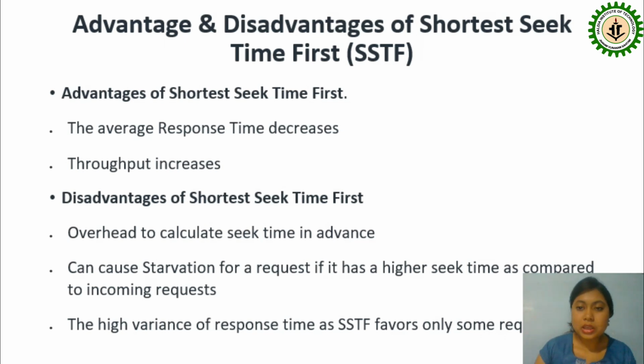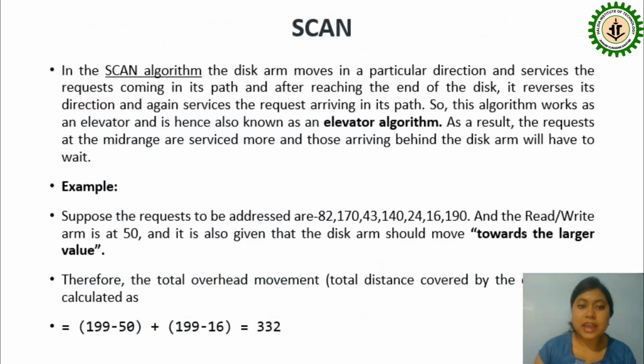Next algorithm is the scan algorithm, or elevator. In the scan algorithm, the disk arm moves in a particular direction, which can be the larger direction or the smaller direction, and services the requests coming in its path. After reaching the end of the disk, it reverses its direction and again services the requests arriving in its path.